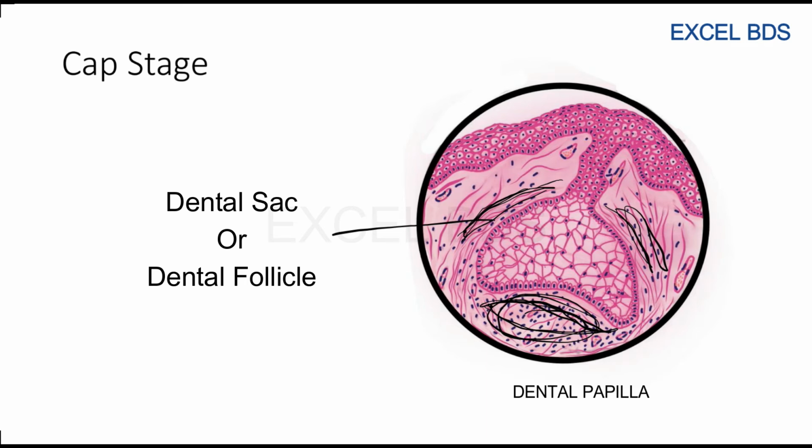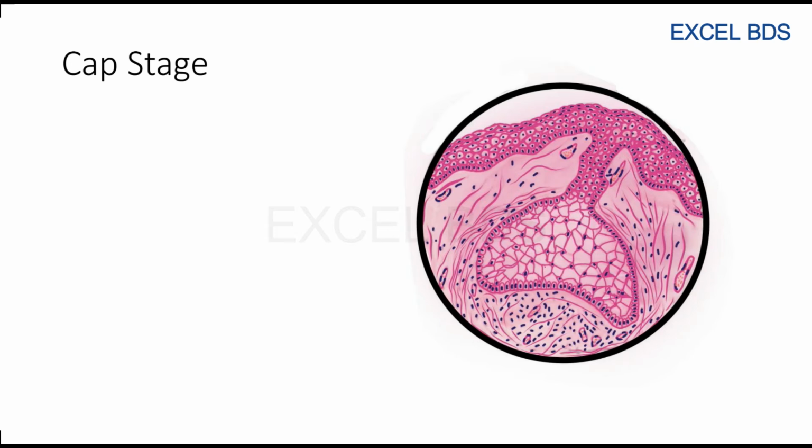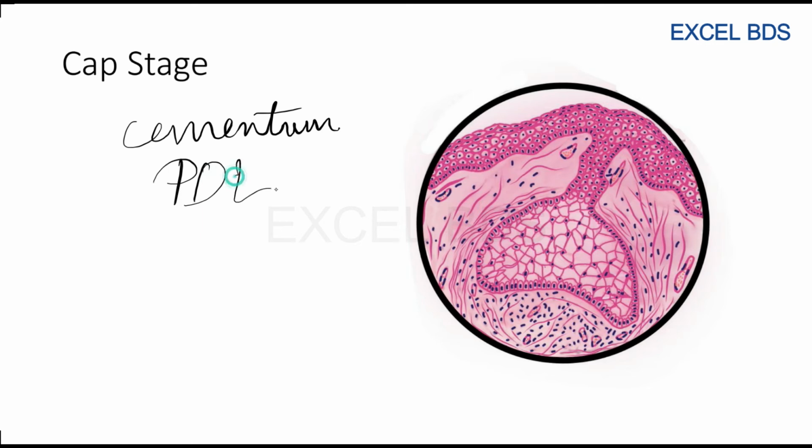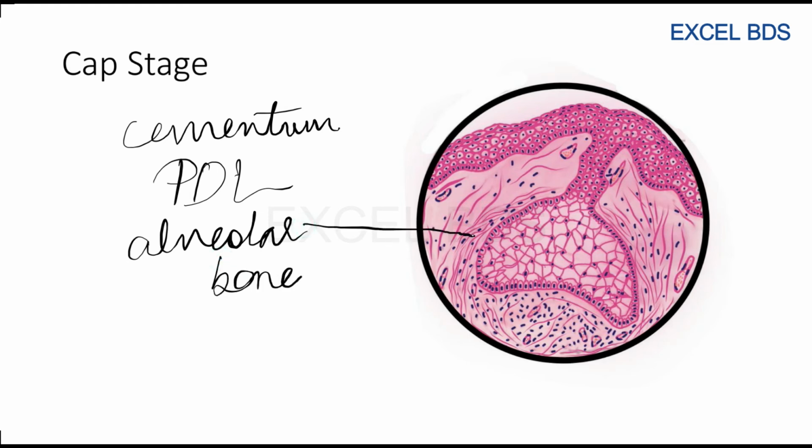This dental follicle forms the cementum, the periodontal ligament, and even alveolar bone as well. All the periodontium structures are formed by the dental sac.